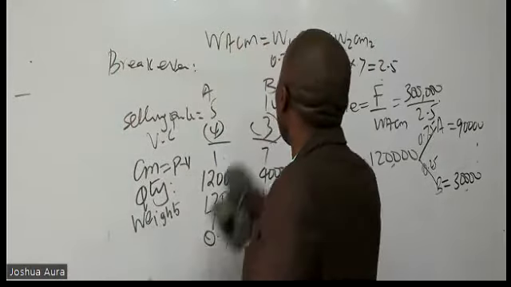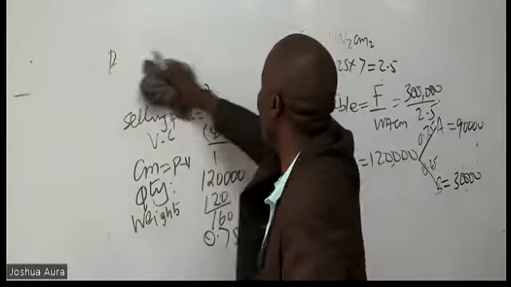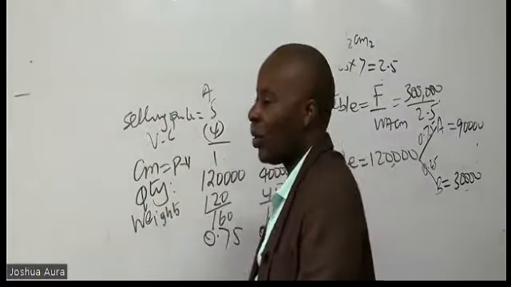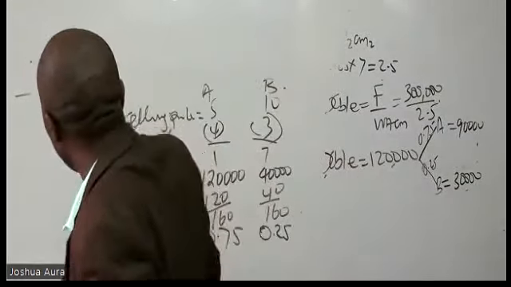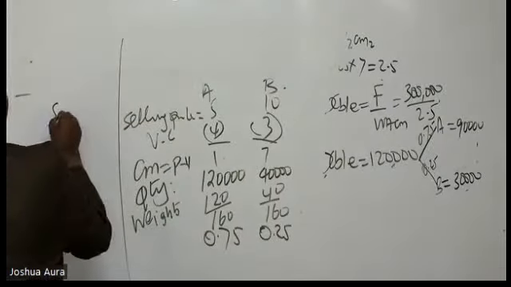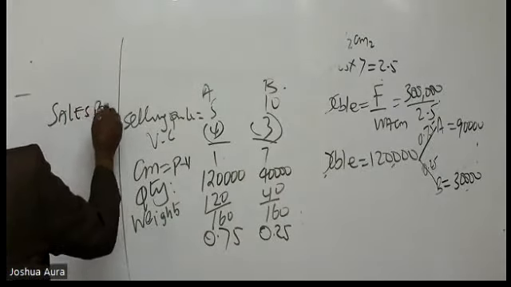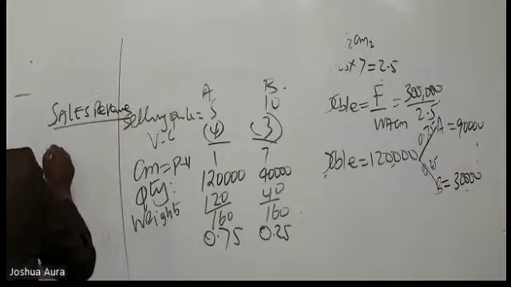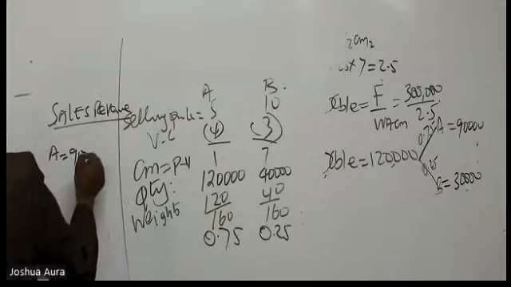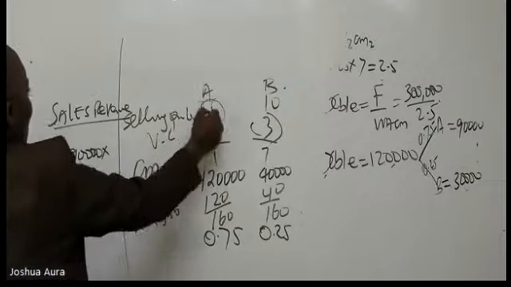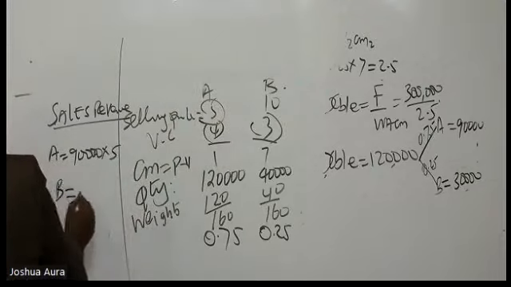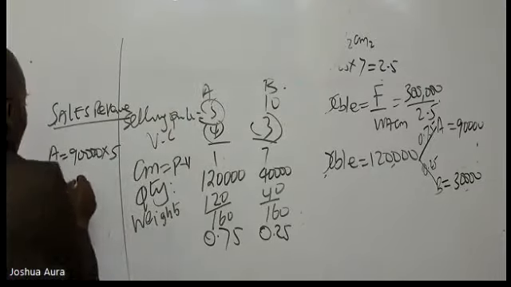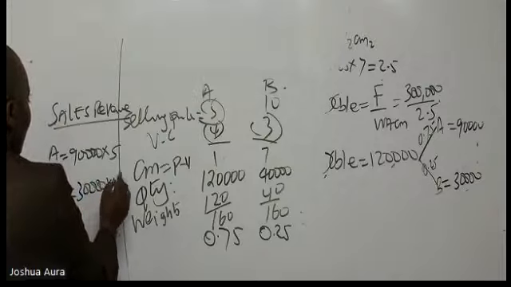So in this particular case, sales revenue. You'll forgive me, my board is quite disorganized. If it is A, I will take 90,000 times the selling price, which is 5. If it's B, I will take 30,000 times 4.